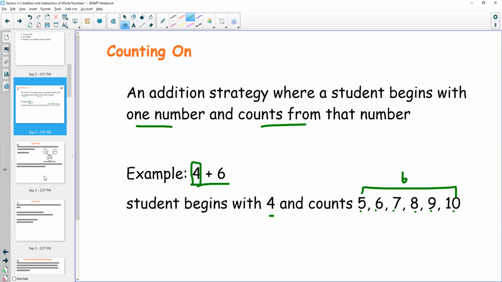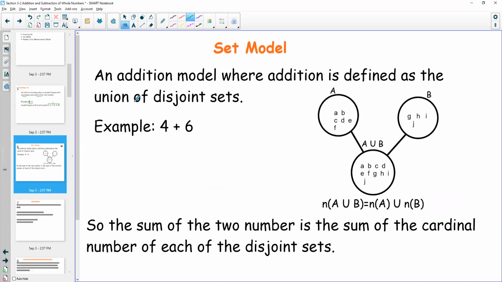That's the idea here. The second model is back to sets like we've been seeing. So in addition, technically we can think about this as a union of disjoint sets. So 2 sets, right? Disjoint means they have no overlap, set A and set B. And if we have the or, we take everything from both of them.